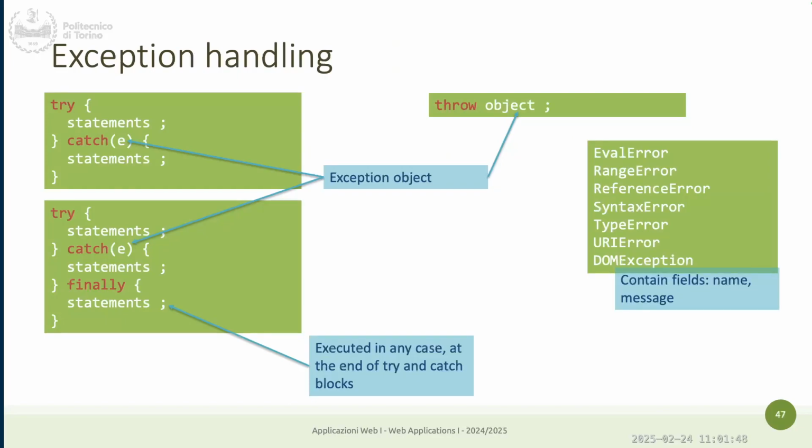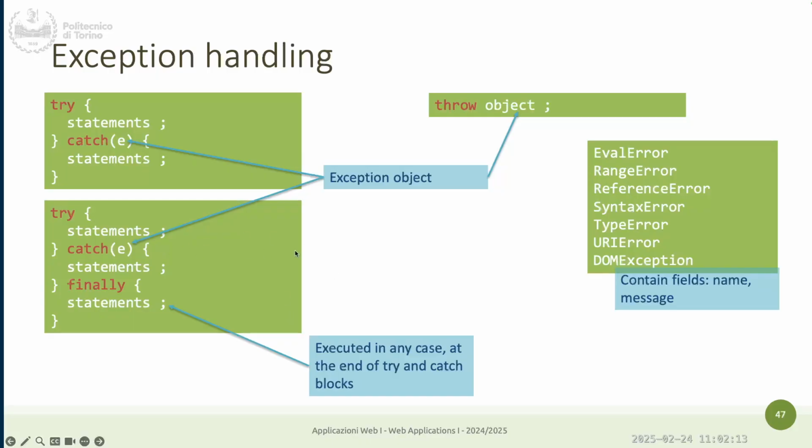Also for exception handling, we have the classical try, catch, and finally statements. We have here some main exceptions that we want to handle. This is for the synchronous behavior of exceptions. We will see that when we come to asynchronous code, it will be much more complex.